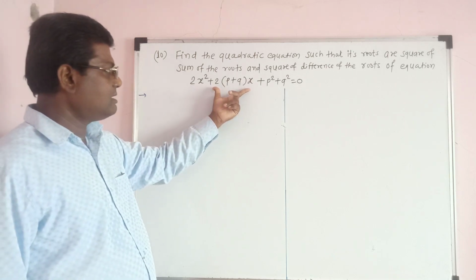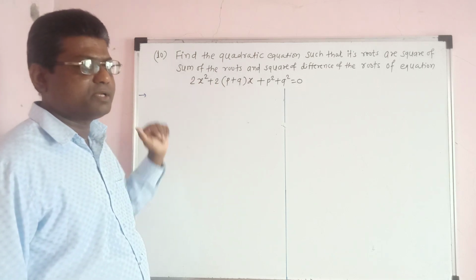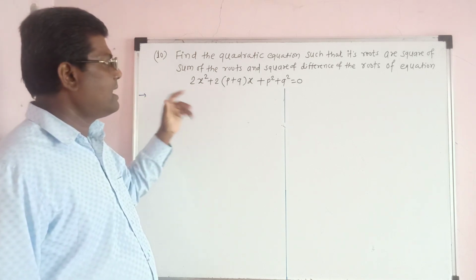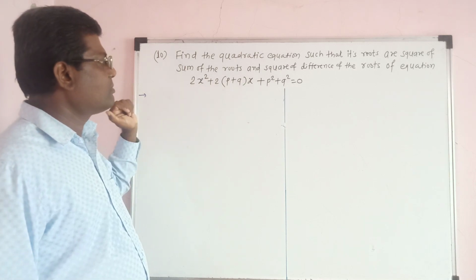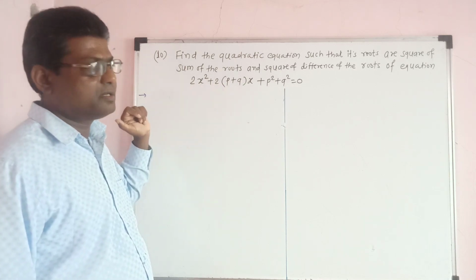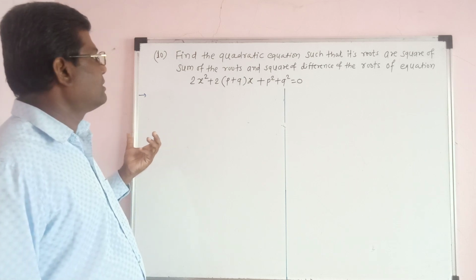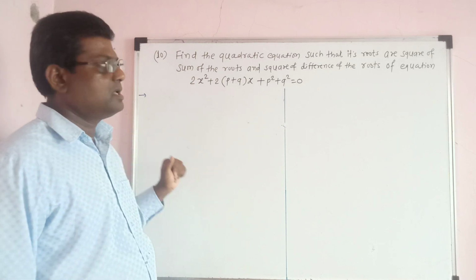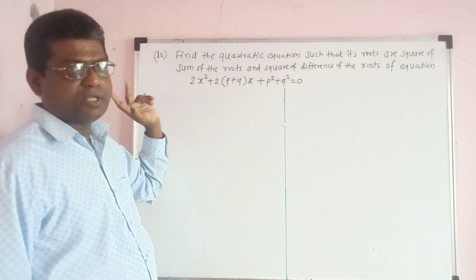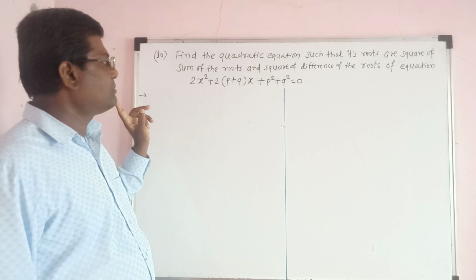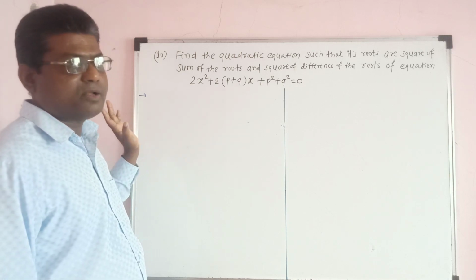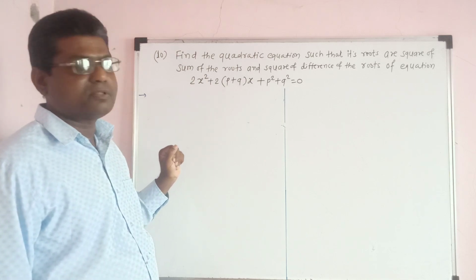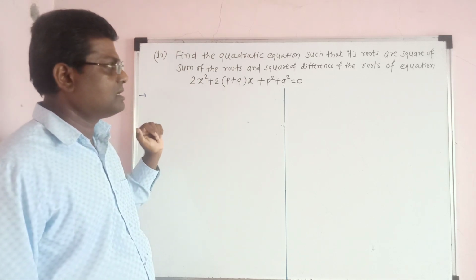At first, find the sum of roots of this quadratic equation and the difference of roots of this quadratic equation, then the square of the sum of the roots and the square of the difference of the roots. The square of the sum of the roots is the root of the required quadratic equation, and the second root will be the square of the difference of roots of this equation.